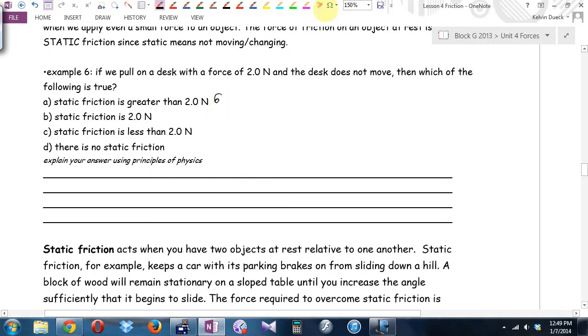Who says B? 1, 2. Lots. Who says C? Who says D? Okay.